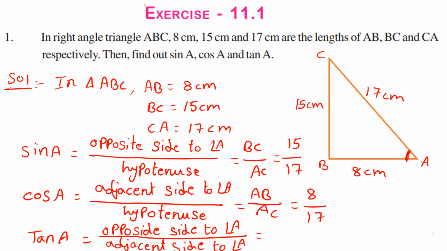So what is the opposite side to angle A? That is BC, by the adjacent side to angle A, AB. So BC by AB, that is 15 by 8. So that is tan A. Okay, so like that we can find sin A, cos A, tan A by using these trigonometric ratios.